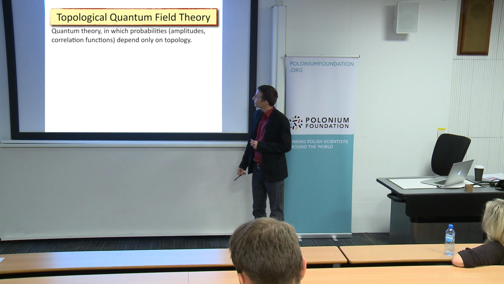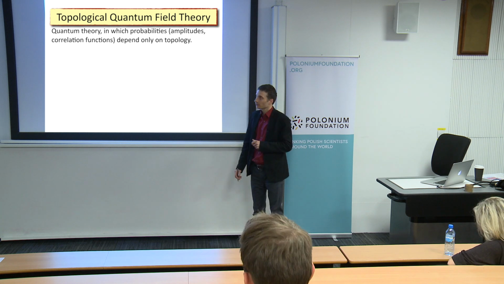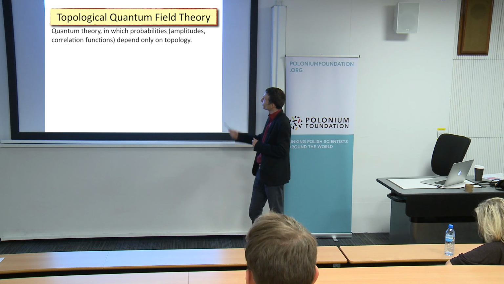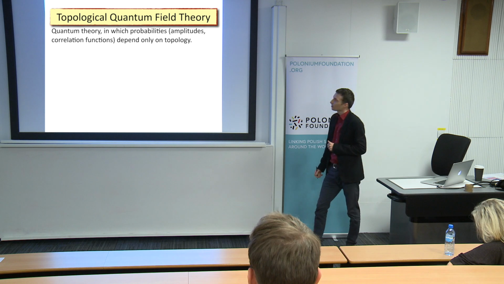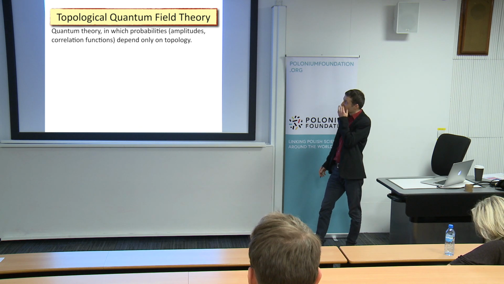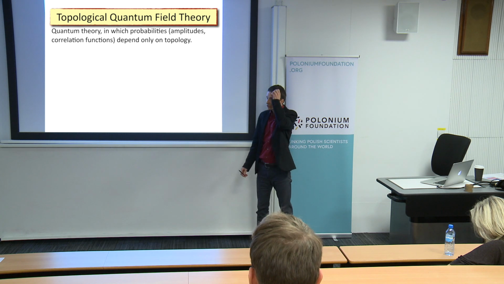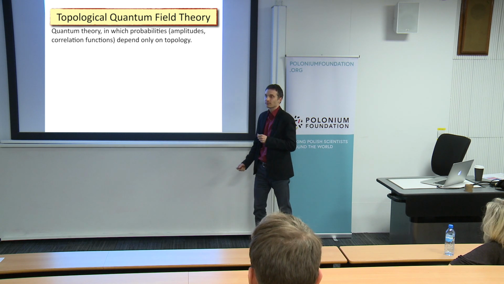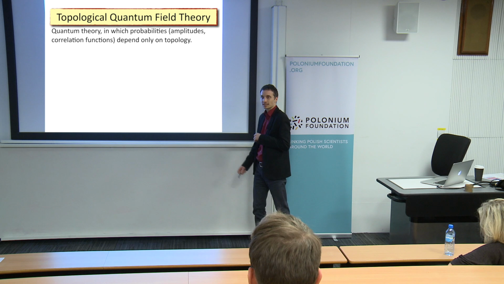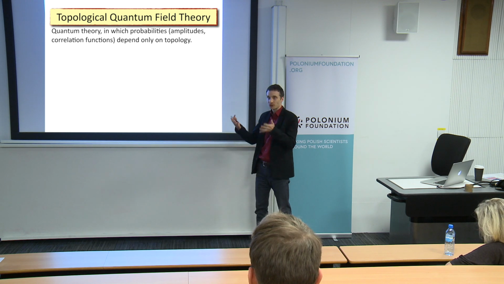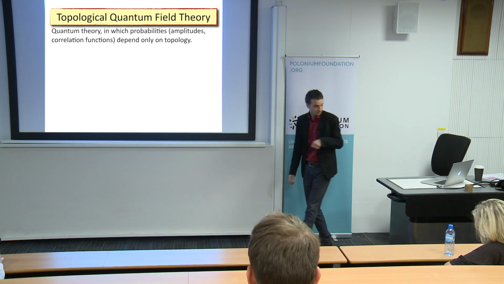And it turns out that there are some quantum theories which are called topological quantum theories, or more specifically what I am interested in, topological quantum field theories. These are theories in which those amplitudes depend only on the topology of some system you are considering, or topology of states in a system.